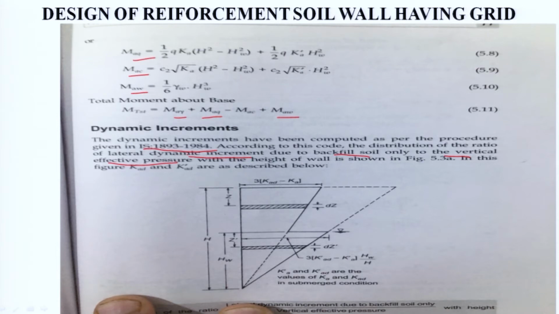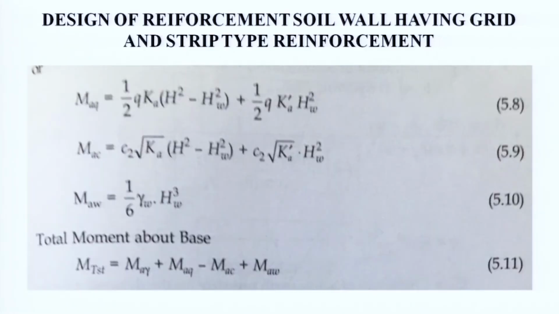This is the value of Z, this is the height, this is the SW. So KA dash and the values of KA and KAD can be computed in the submerged conditions also. Here we can put the value of each parameter, we can calculate MAQ, MAC, MAW, and the total moment about the base, MST, will be equal to MAY plus MAQ minus MAC minus MAW.